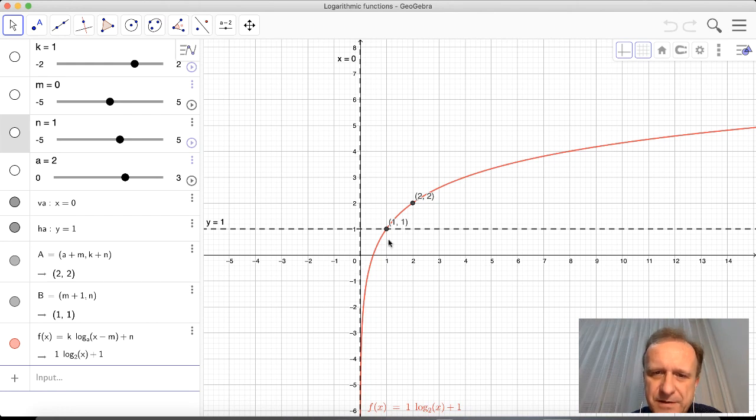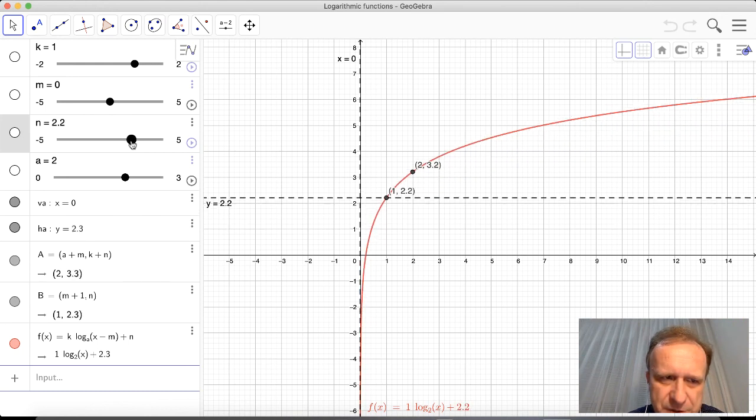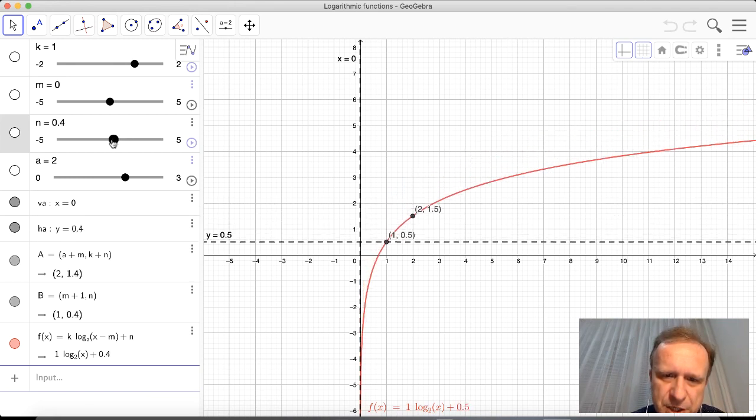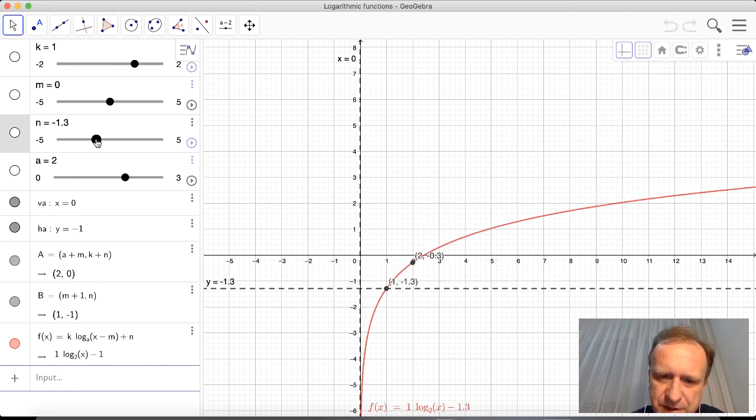So all the points of the graph got translated through 1 unit upwards. If n is 2, then I get the translation of 2 units upwards. So n changes the vertical position of the graph.